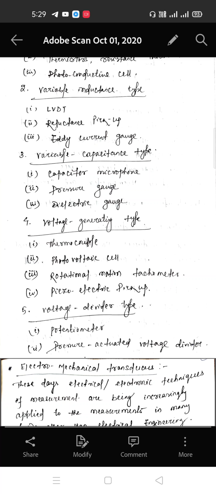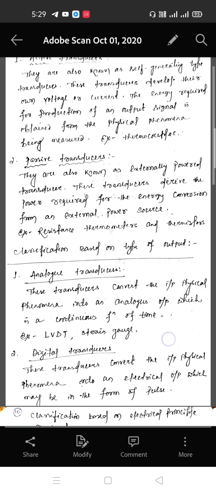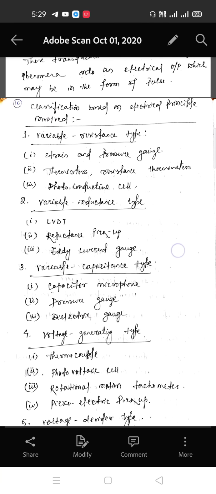So this completes the different classifications of transducers.